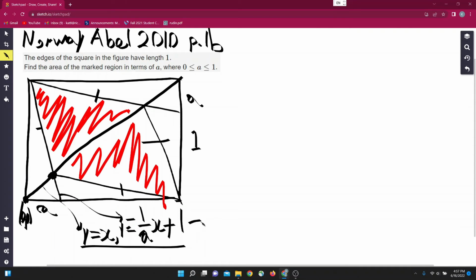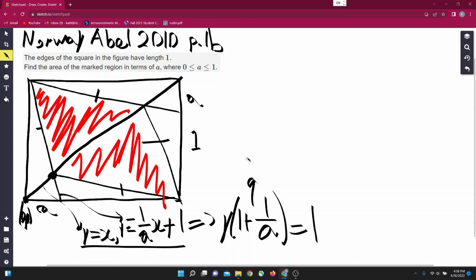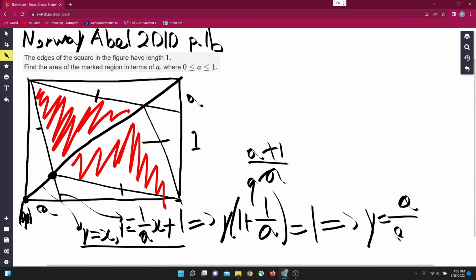Okay, so to find the intersection, let's just plug in y for x. So we're just going to have y, directly adding 1 over a times y on both sides. And then factoring out y, we're going to have 1 plus 1 over a, times y, equals 1. If we get a common denominator, we're going to end up with a plus 1 over a. And if we take the reciprocal on both sides, we have y equals a over a plus 1.